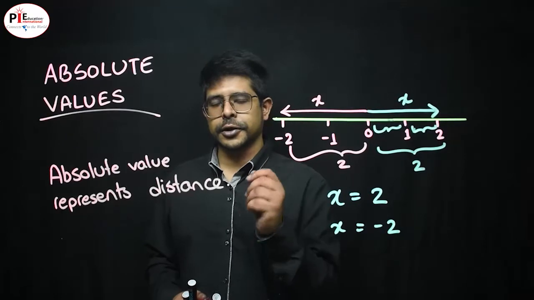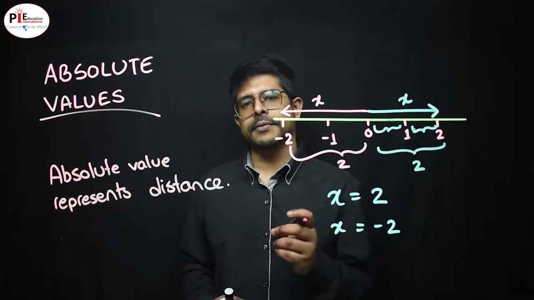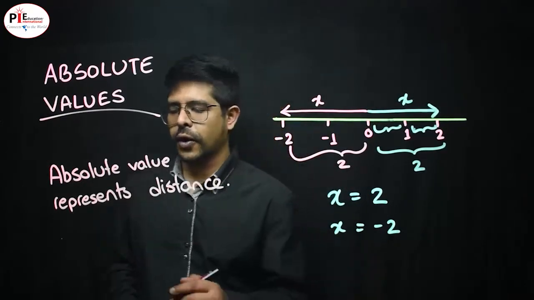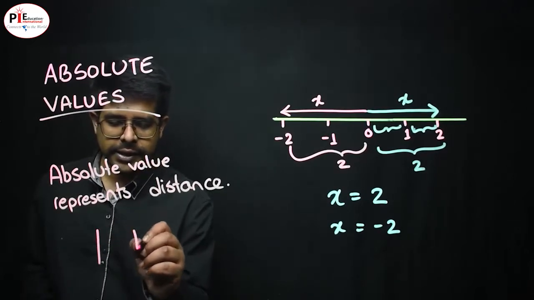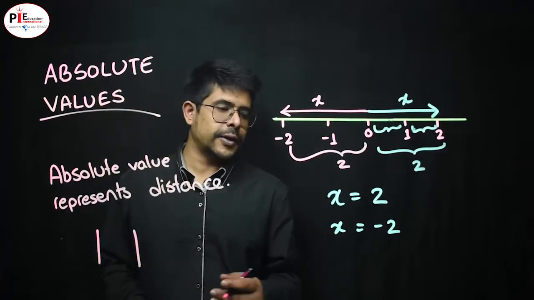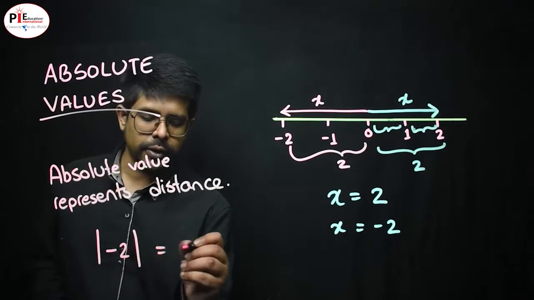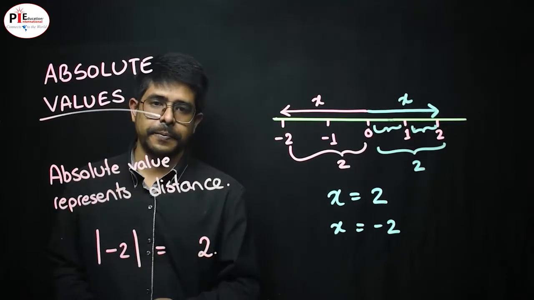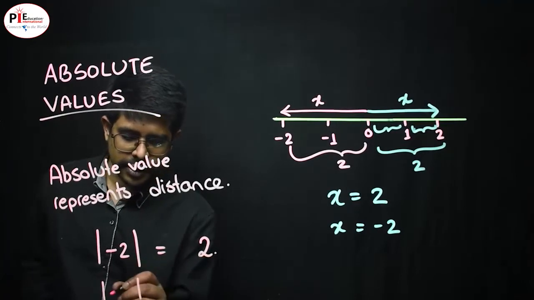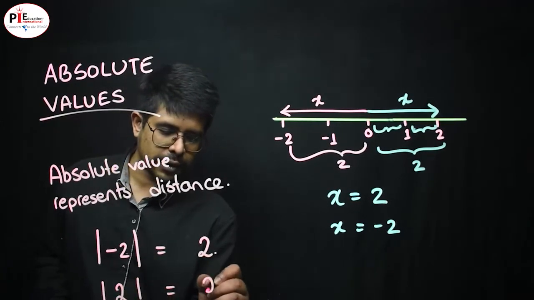And in order to show it, we use the modulus, or just these two lines. So the modulus of negative 2 will always be 2, and the modulus of positive 2 will always be 2.